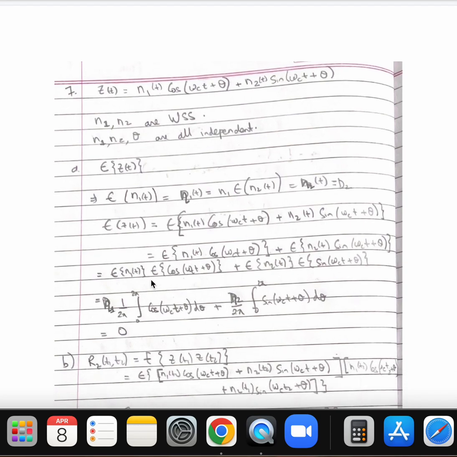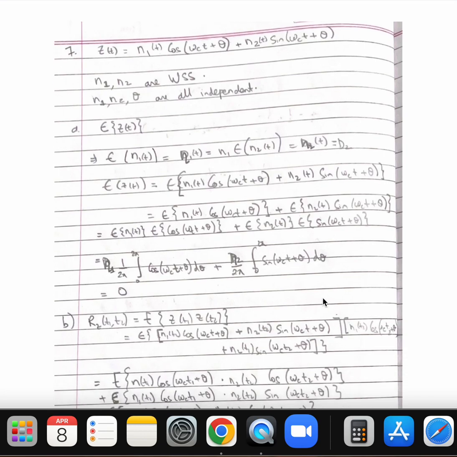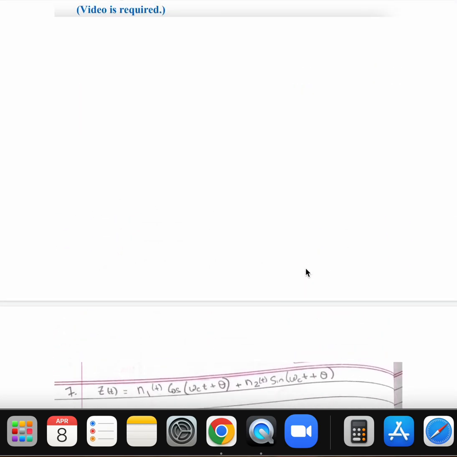So now, using the expected value of a function as the integral of x f_x(x) dx, this is basically eta 1 by 2 pi, integral from 0 to 2 pi of cos(omega_c t + theta) d theta, and another term will be eta 2 upon 2 pi, integral from 0 to 2 pi of sin(omega_c t + theta) d theta. Upon solving, these terms cancel out and the result is 0, which gives us the result of the first part: the expected value of Z(t) is 0.